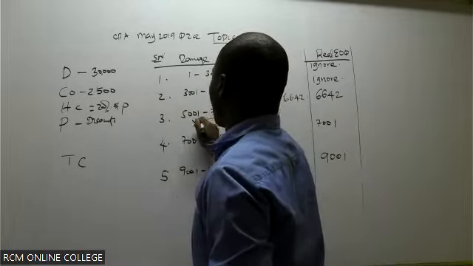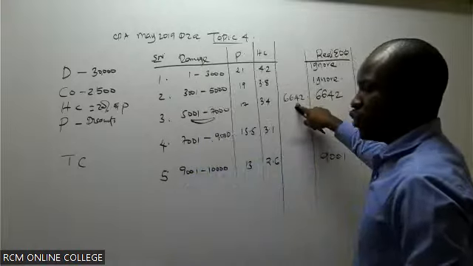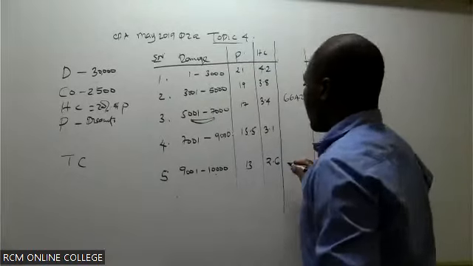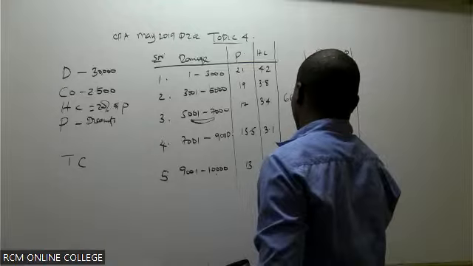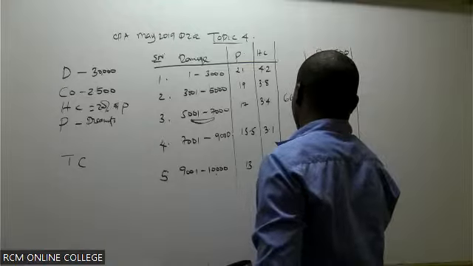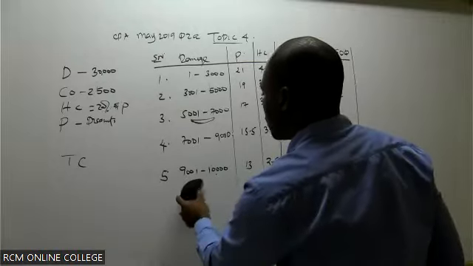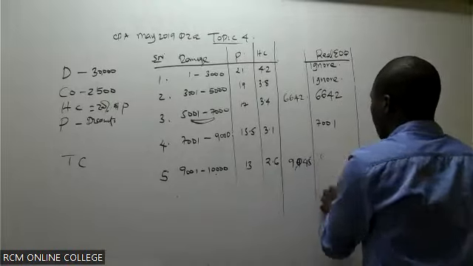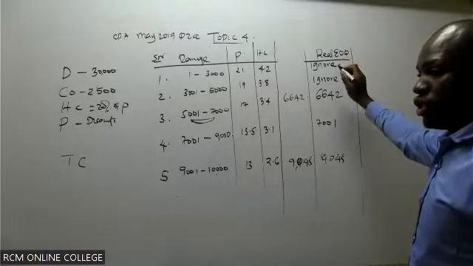So since it is within the range, we just pick the calculated one to be the real. If our figure here would have been 9,045, it is within this range. So we would have taken 9,045 to be the real economic order quantity.